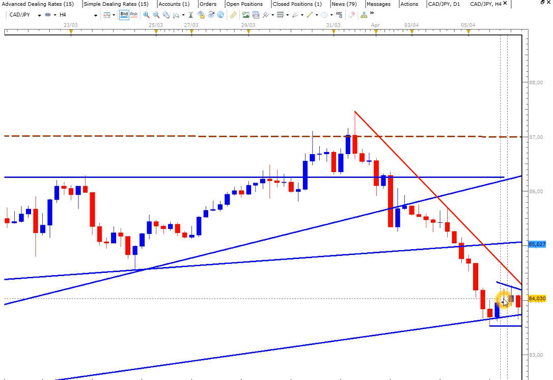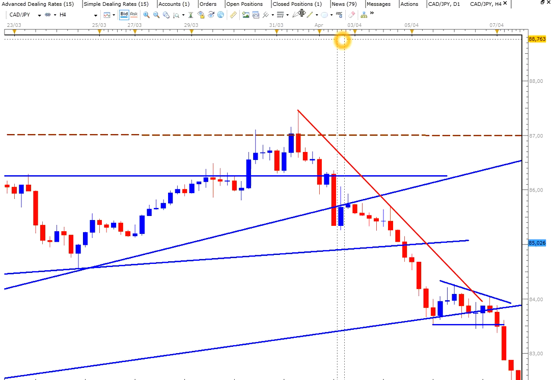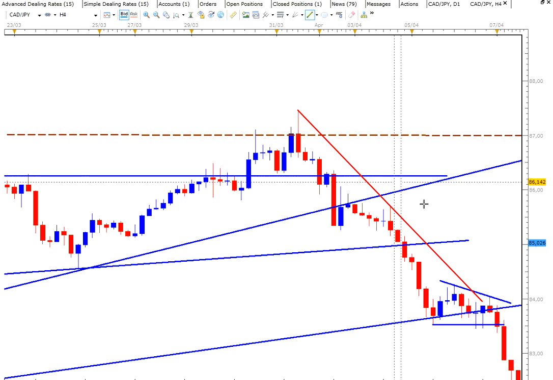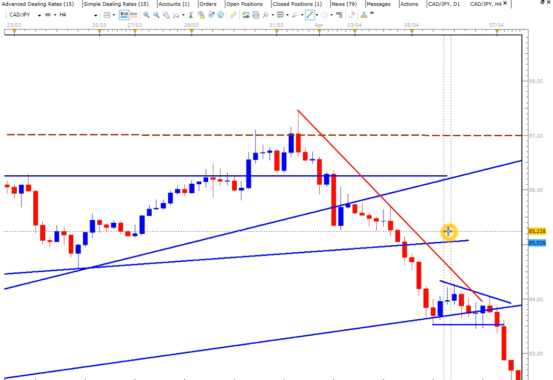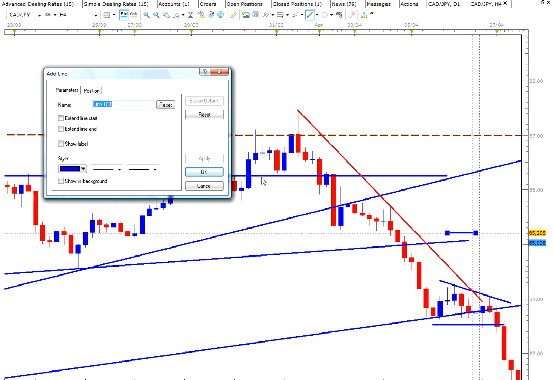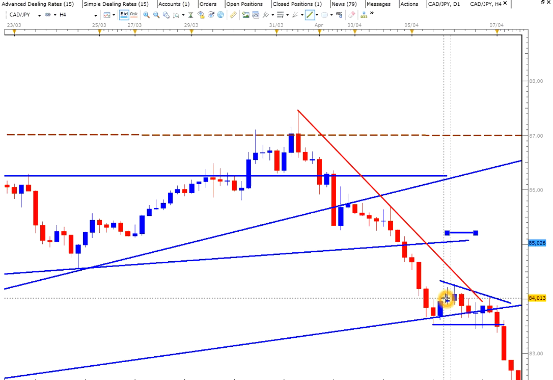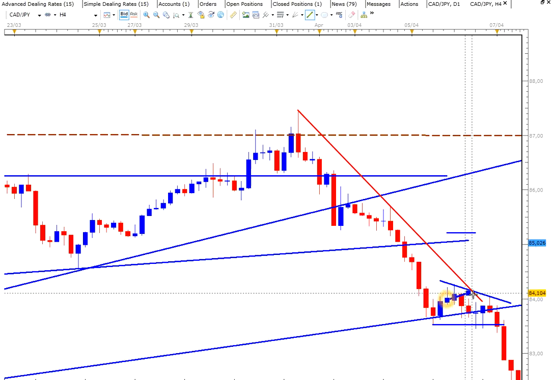So the market rallied, and we would have been taken in by an entry order that we would have used. Stop loss would have been placed at the 85.20 area, and entry would have been at the 84 area.